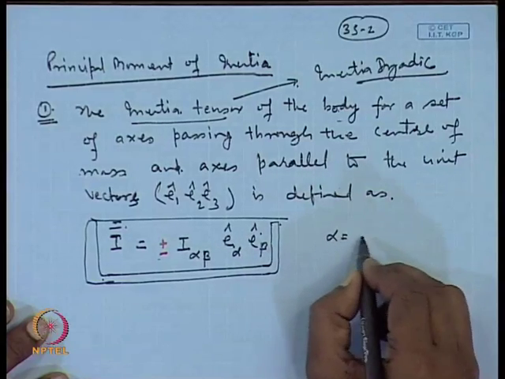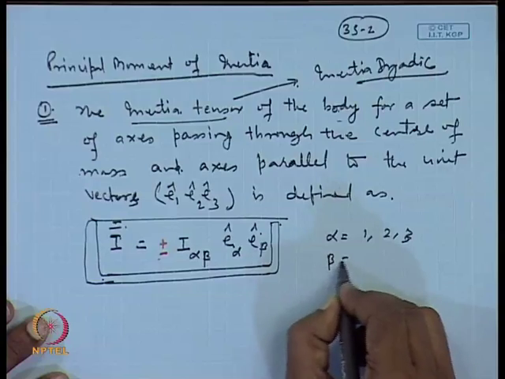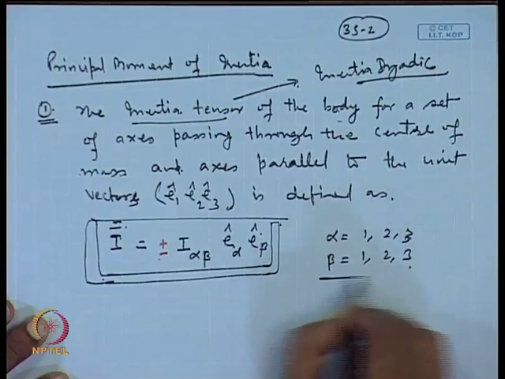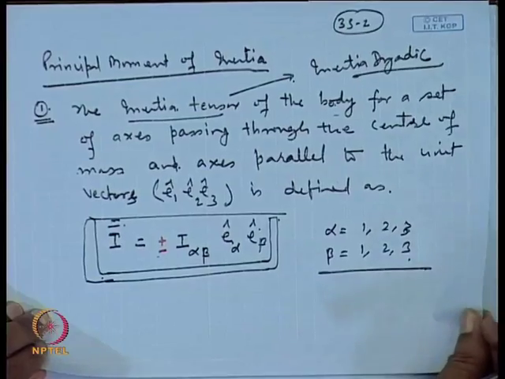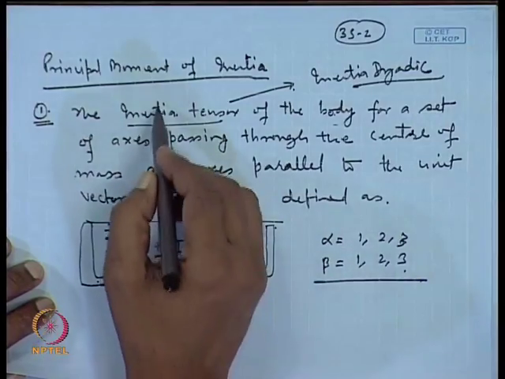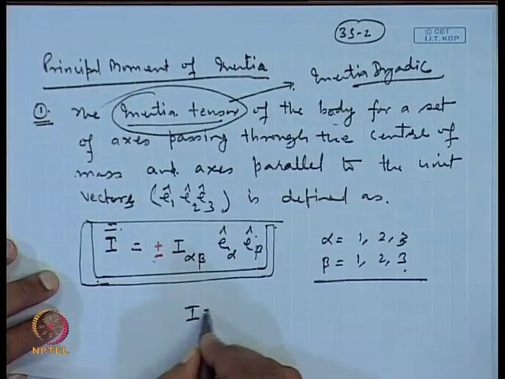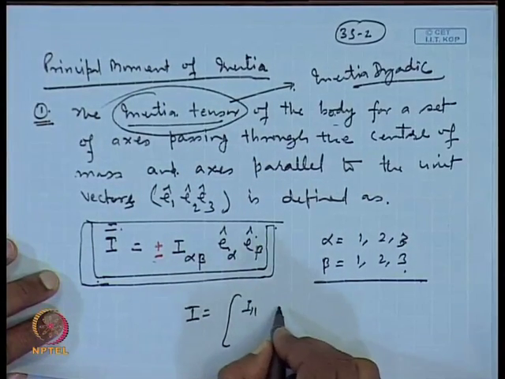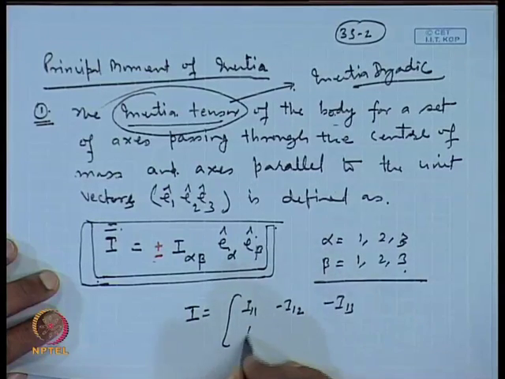So, here alpha equal to 1, 2, 3 and beta also equal to 1, 2, 3. If we are writing just the inertia tensor, you can write it as I 1 1, minus I 1 2, minus I 1 3 and so on.